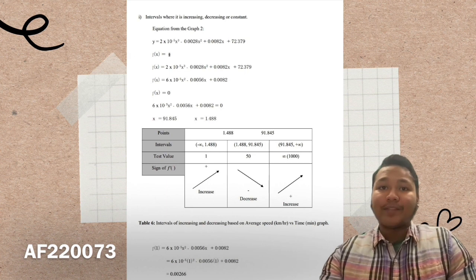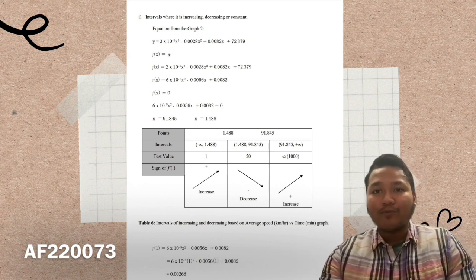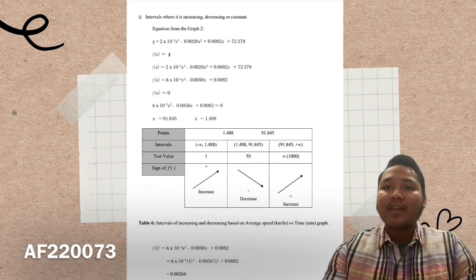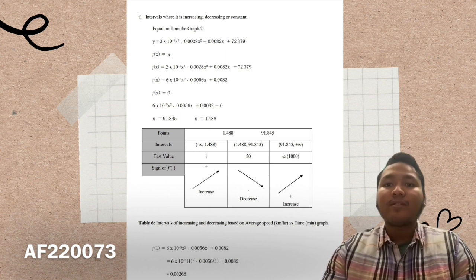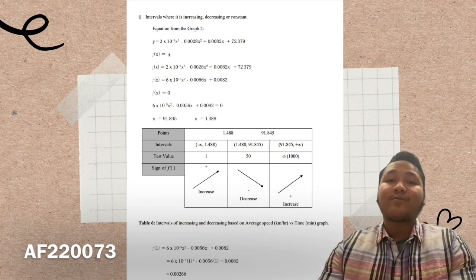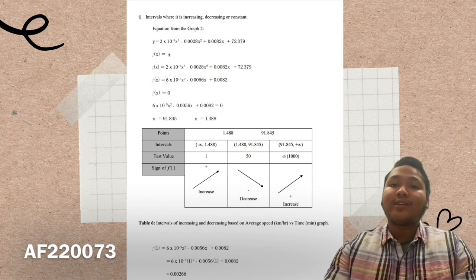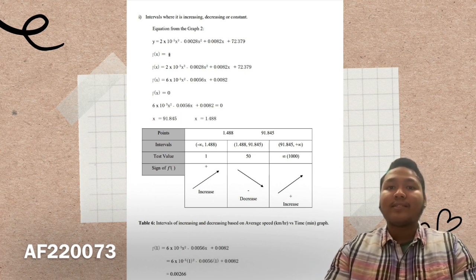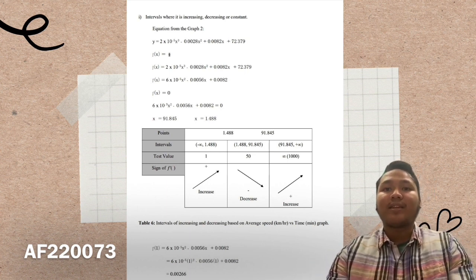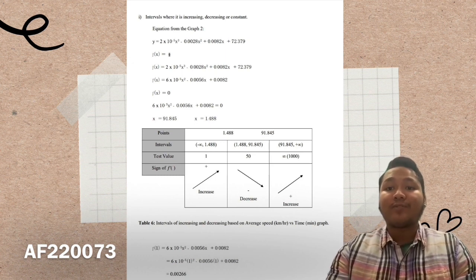So we have 2 points, and the test values we pick are 1, 50 and 1000. For the first test value, 1, just insert it into the equation and you will get a positive value, which is increasing.